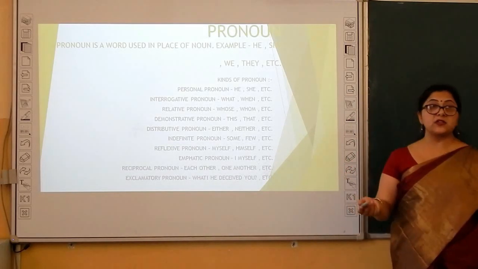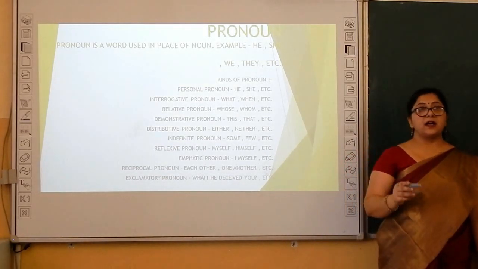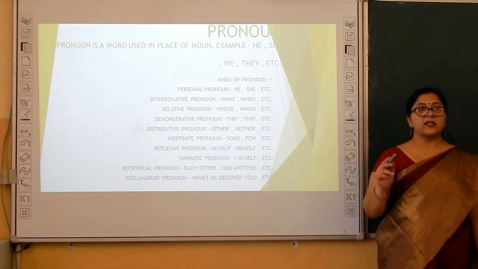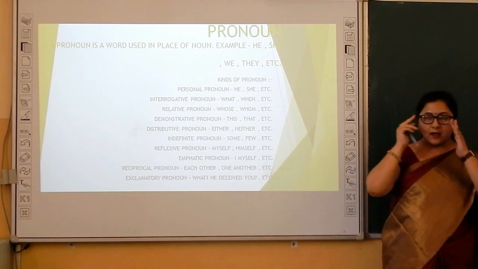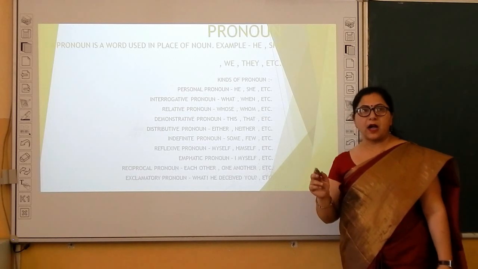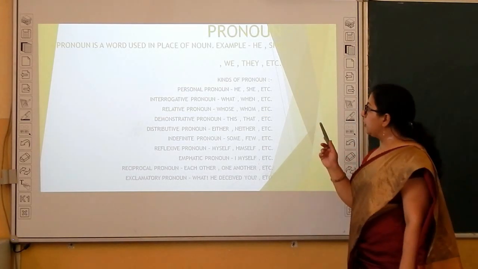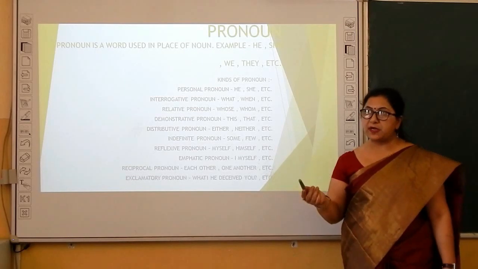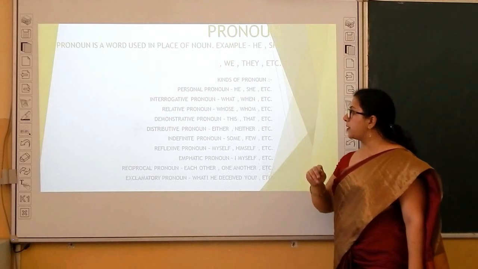There are 3 persons also. In the category of personal pronoun, there are 3 persons: first person, second person, and third person. I and we are the pronouns of first person. You is the pronoun of second person. He, she, they are the pronouns of third person.